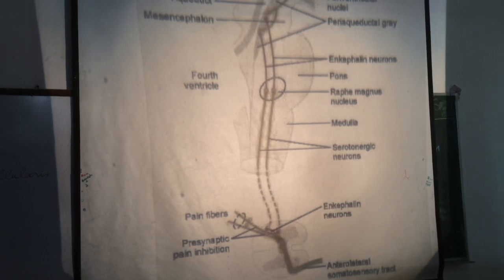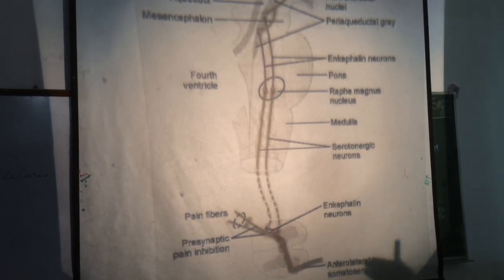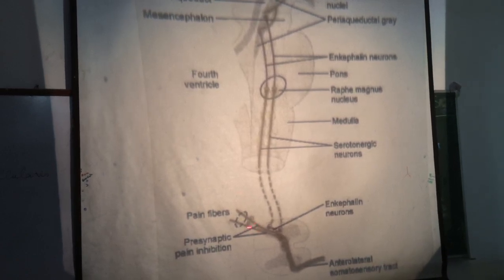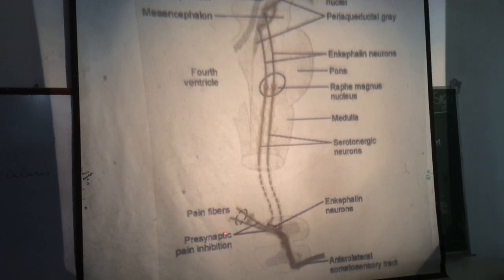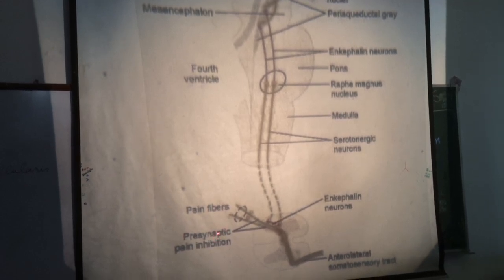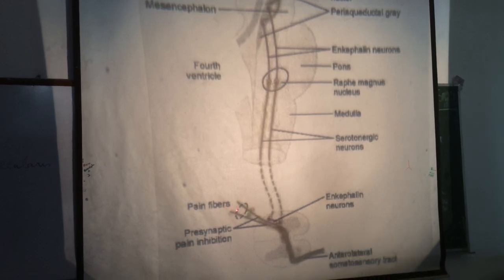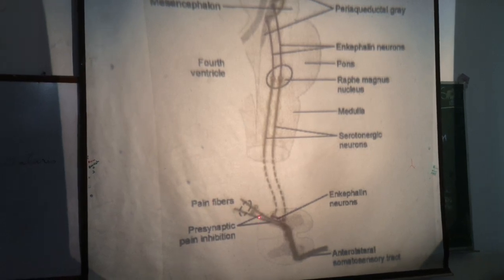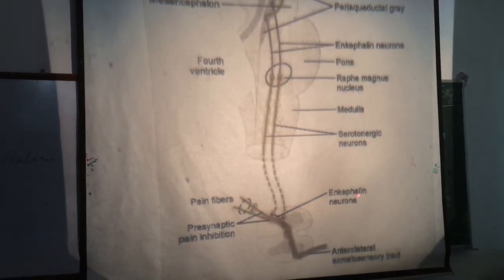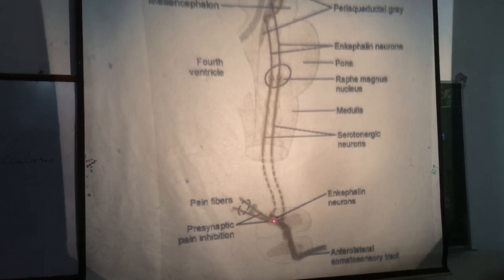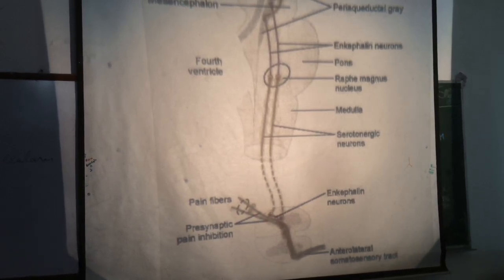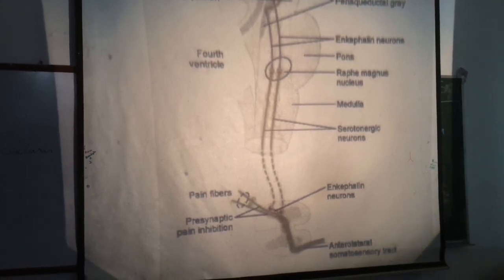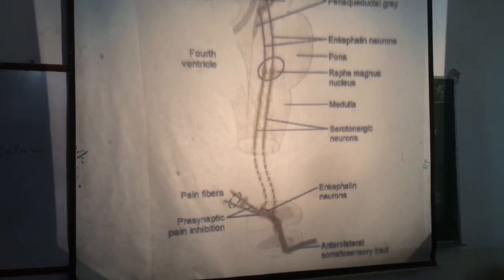These neurons synapse with incoming pain fibers, A delta fibers and C fibers, and release enkephalin at the nerve endings. So this was about the neurotransmitters in the system of analgesia, and the main neurotransmitters are enkephalins.